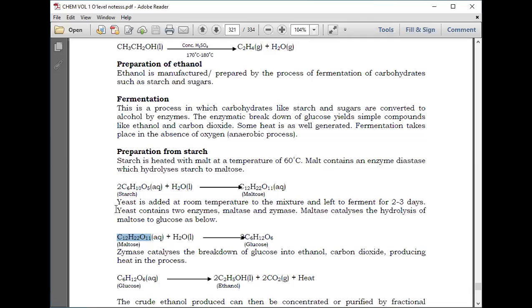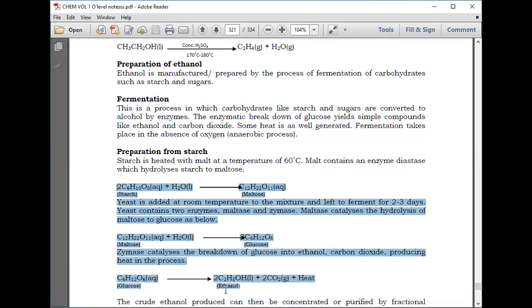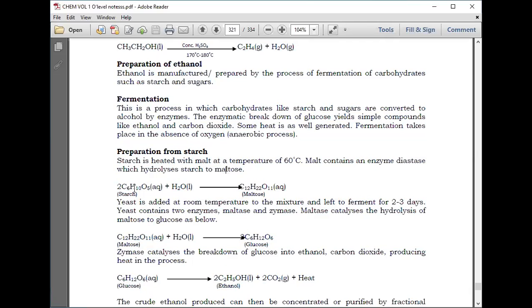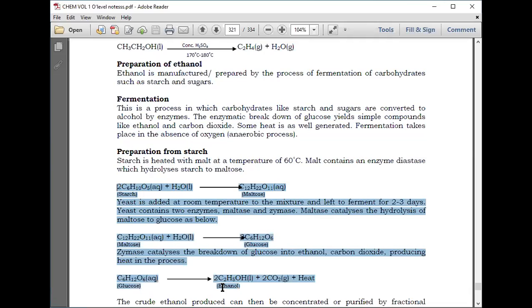Write these three equations. They are very important and they are examinable at your O level. First, write the three equations, then I tell you what to do. On the first equation, on the arrow, put there diastase.